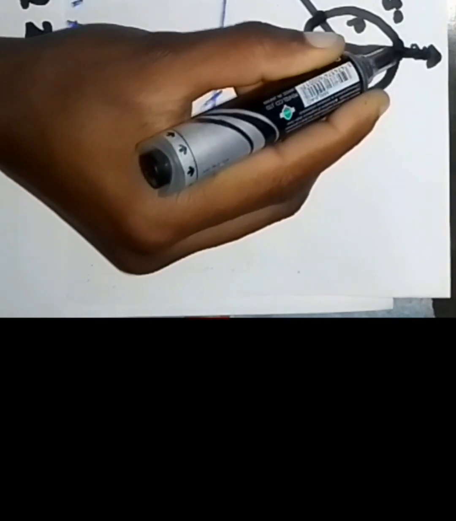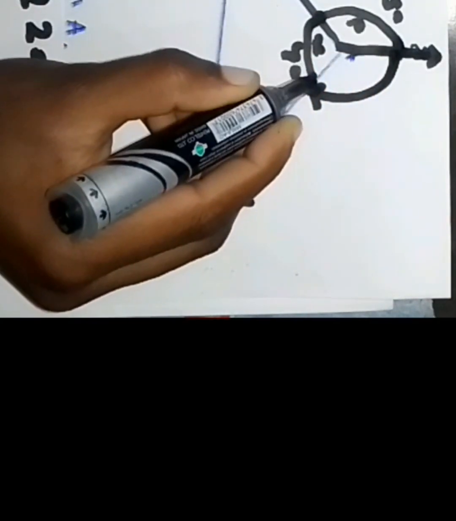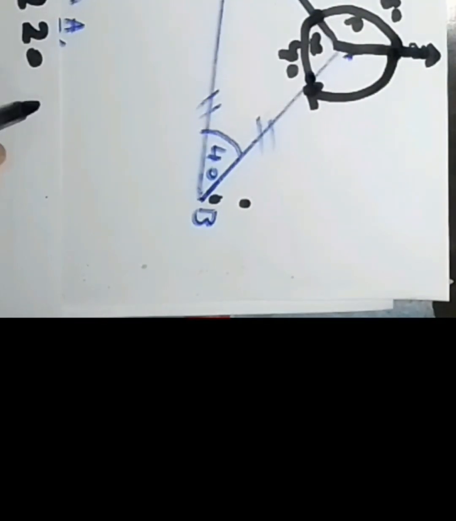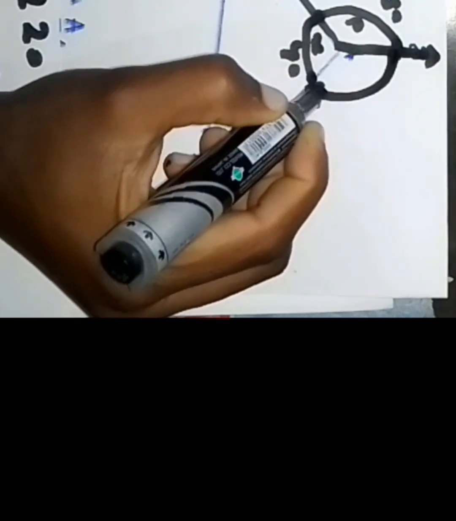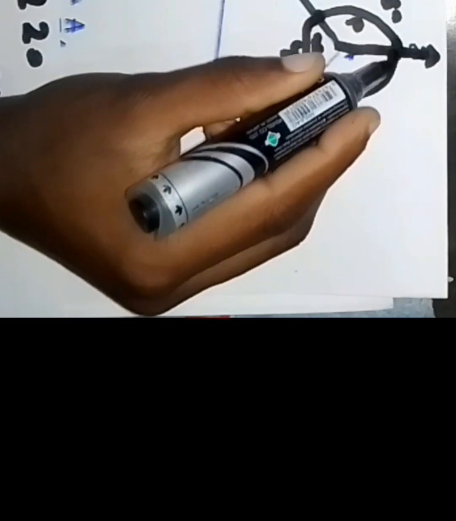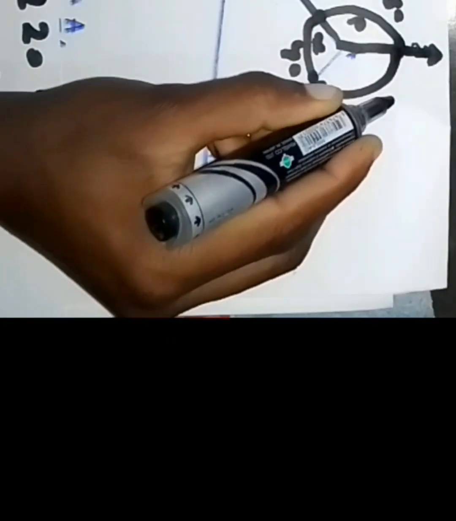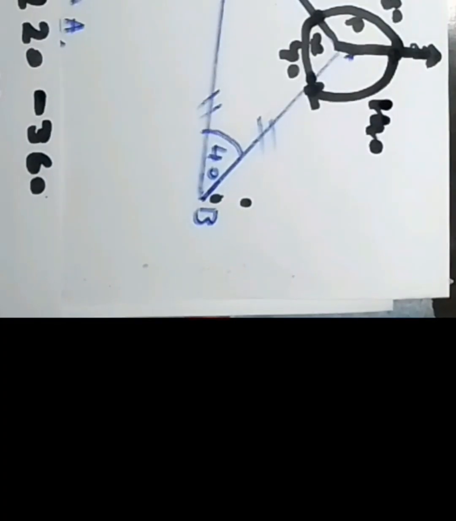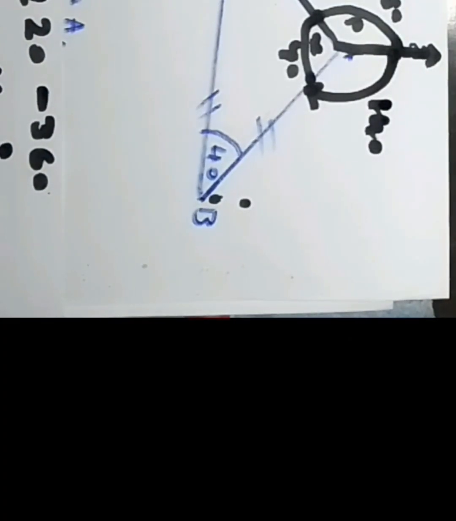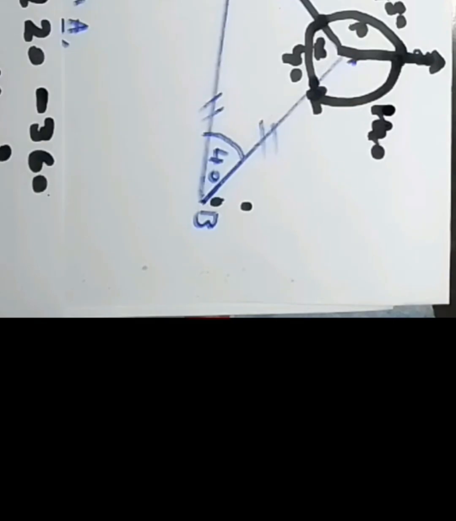Then 360 minus 220 is 140. So the angle in which this movement was made is 140 degrees. That is our answer for question A.